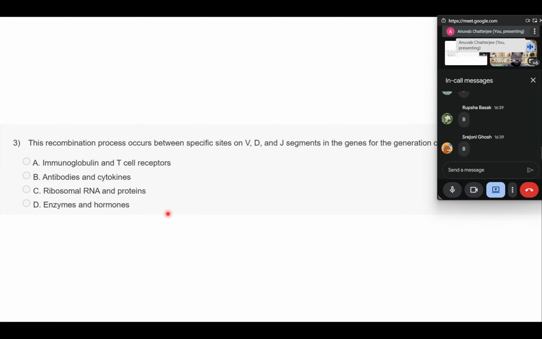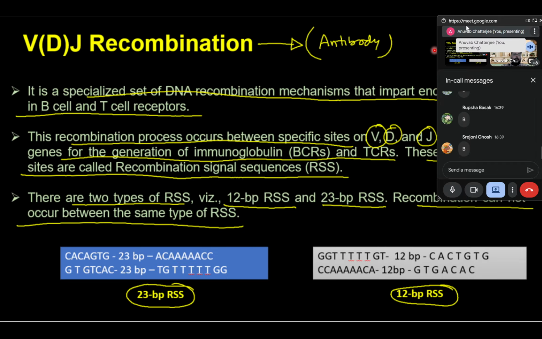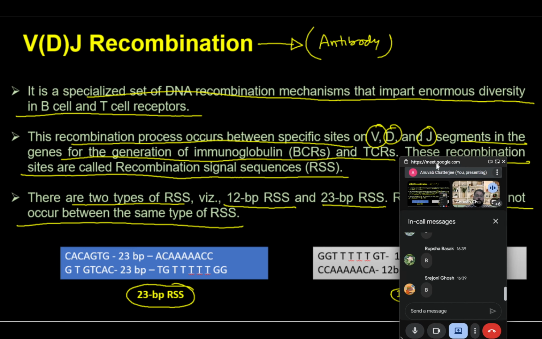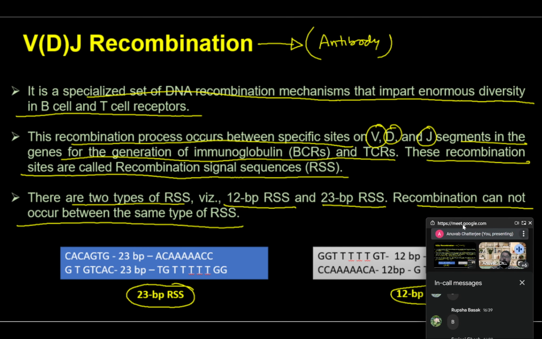Okay, so I think no one has an idea of this, so we'll go and look at it. So VDJ recombination is a big thing in antibodies. In immunology, VDJ recombination is used to produce a huge variety of antibodies that can detect antigens that are thrown at our body.